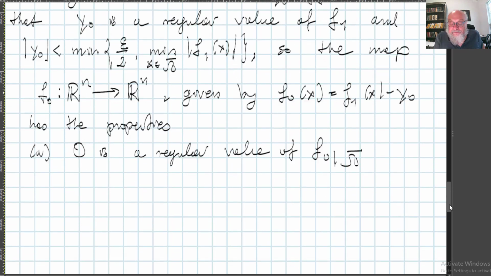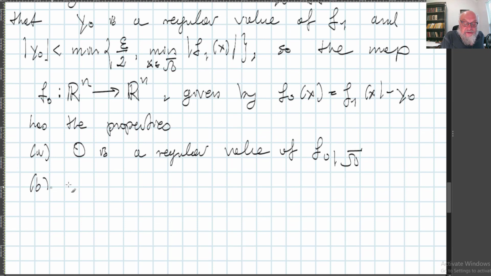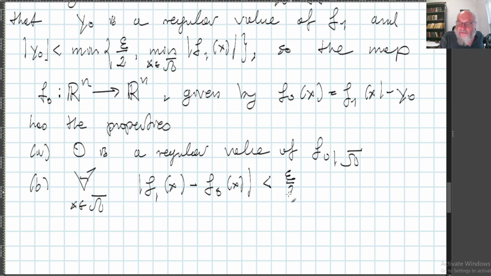And the second one is B, that for every x belonging to omega bar, the norm of F1 of x minus F0 of x is smaller than epsilon over 2.